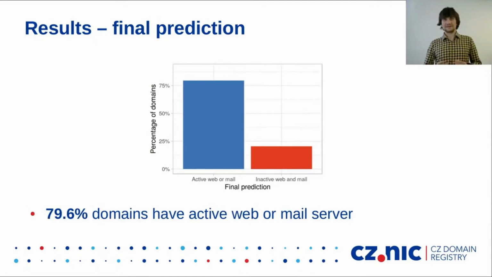And in the results of final classification, we can see that around 80% of domains either had a non-parking website or a mail server. So we consider these groups of domains as active domains. And on the opposite side, 20% of domains were classified as inactive.